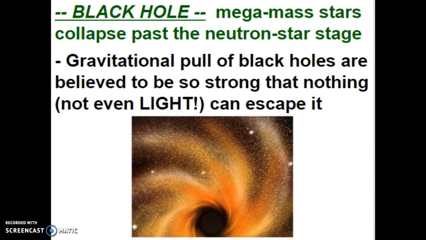And in some cases, very, very large stars can even collapse past the neutron star stage and form what we call a black hole. Black holes are believed to be so strong that nothing, not even light, can escape a black hole. There are a lot of theories about where these things are in space.